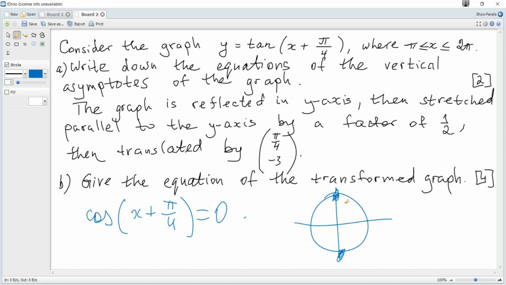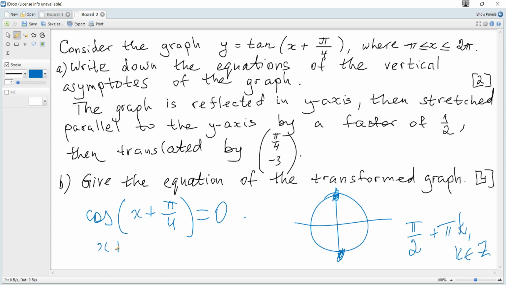We need any point. It may be pi over 2 or 3 pi over 2, negative pi over 2, it doesn't matter, one particular solution, pi over 2, and you can see that we will move between two consecutive solutions by adding or subtracting pi. So in general we can write that it's plus pi k, where k is any integer.